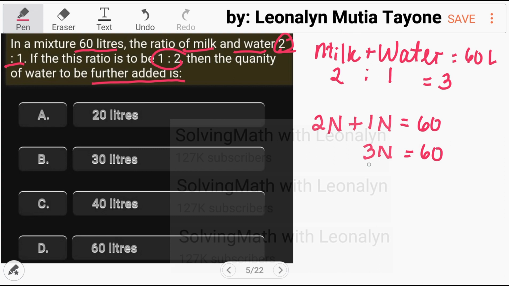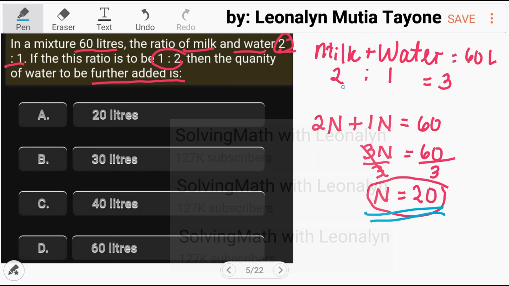Para ma-isolate natin si n dito, since si 3 pang multiply sa n, pang divide na siya sa 60. In other words, nag-divide tayo ng 3 to both sides para ma-cancel out na si 3 dyan. So si n na lang dito. n is equals to 60 divided by 3, and that is equals to 20. Again, n is equals to 20.